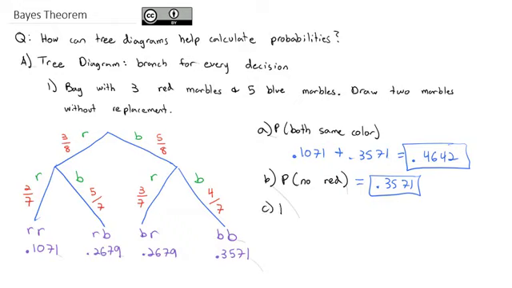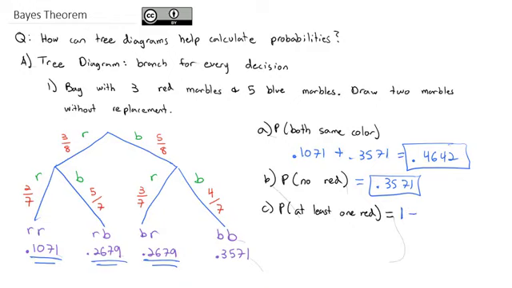We could calculate the probability of at least one red. Now, this is interesting, because I could combine at least one red. We could combine the 0.1071, the 0.2679, and the 0.2679, because all three of those have at least one red. Or another way we can get there is to use the complement. We know all four of these are going to add to 1.0, or 100%.